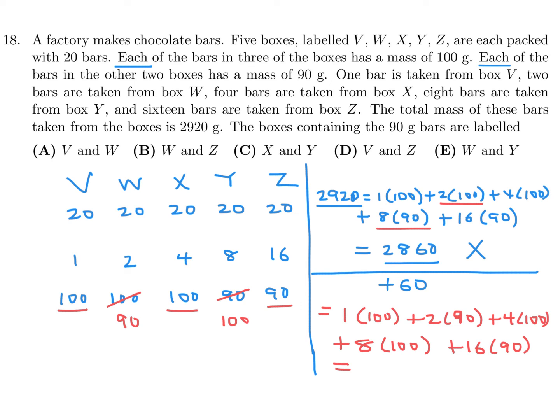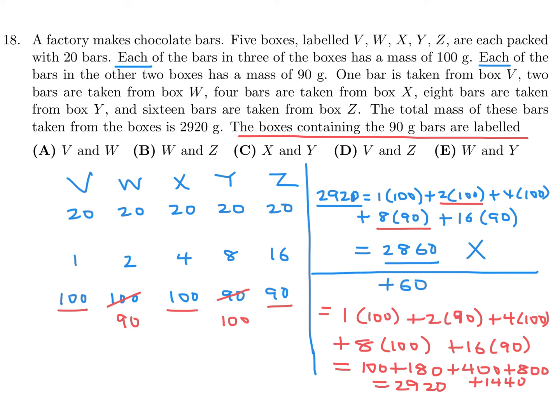So it's 100 plus 180 plus 400 plus 800, and 16 times 90 is 1440. And this equals 2920. Okay, so what that means is that they ask which boxes contain the 90-gram bars. Well, according to my calculations, it was W and Z. So number 18, W and Z, I believe, is B.